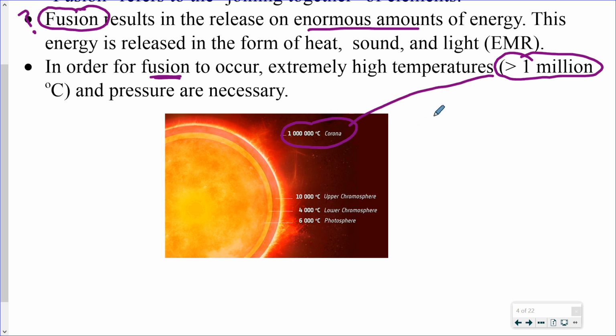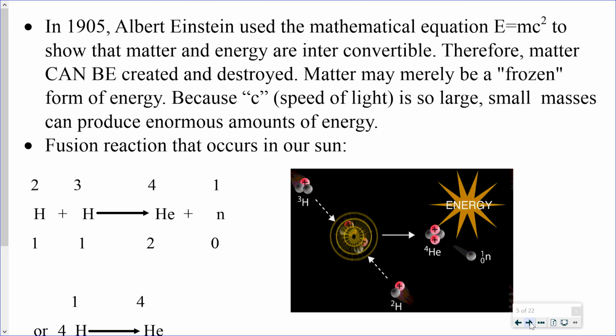But I've seen ranges for the temperature of the sun going anywhere from 1 million to 6, or maybe even up to 15 million degrees Celsius. So it's at these temperatures where fusion does occur, and this fusion is what does lead to the creation of a whole bunch of the different elements that we find on the periodic table, created in the sun. This is going to be more of what we get into in the final unit of Science 30 as well.